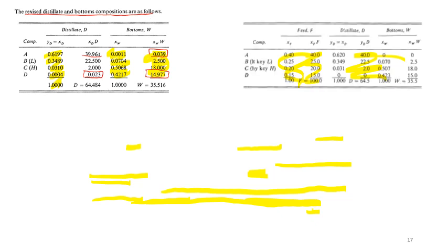For component D, initially we assumed that no D appears in the top, but actually there is about 0.023, and not all 15 moles per hour of D appears in the bottom, only 14.977. This is compared to our initial estimate. So what do we do now? Maybe you want to assume this is close enough, or not close enough?